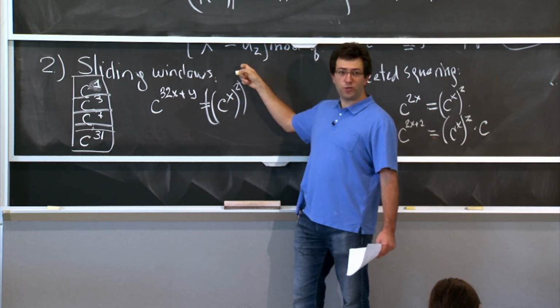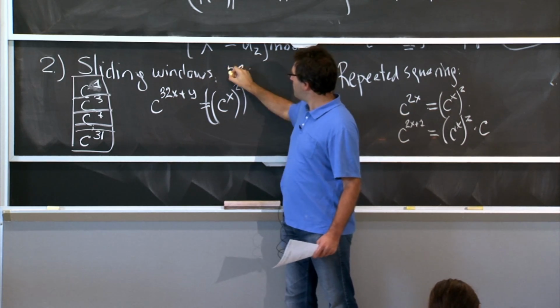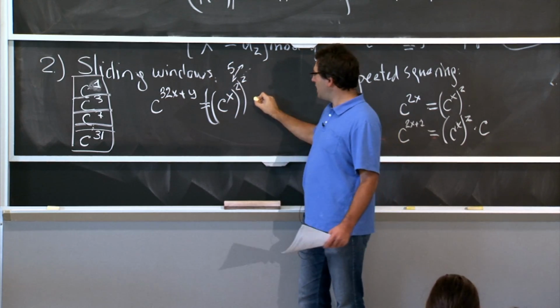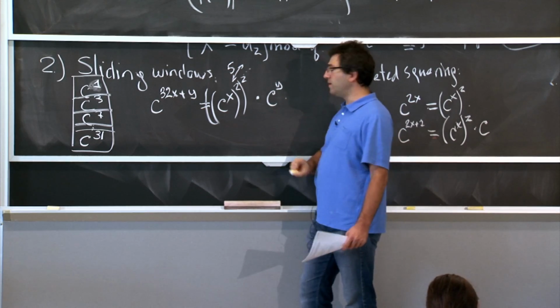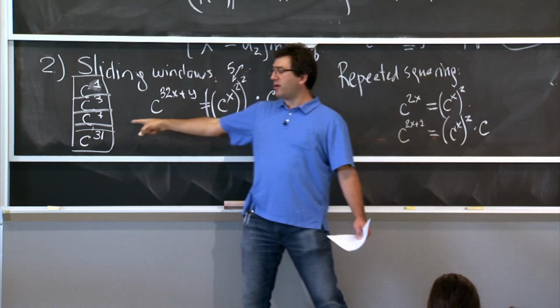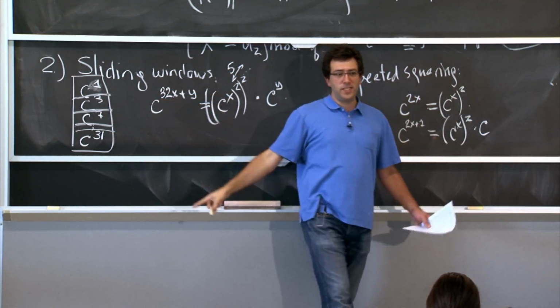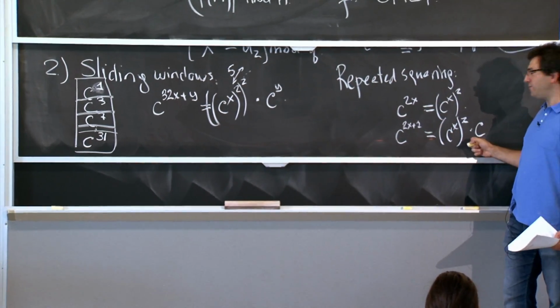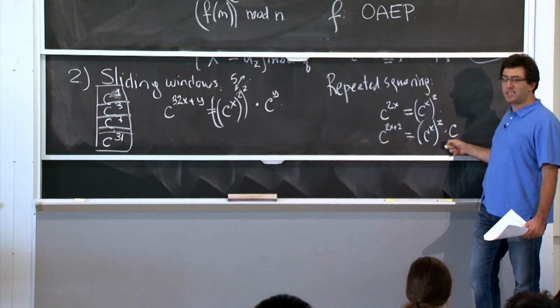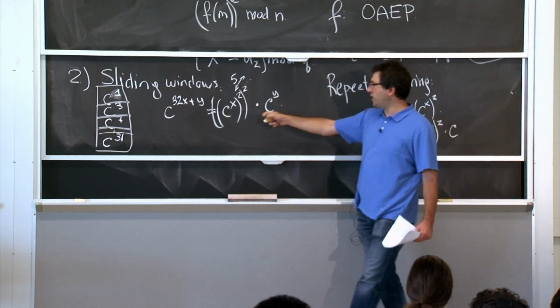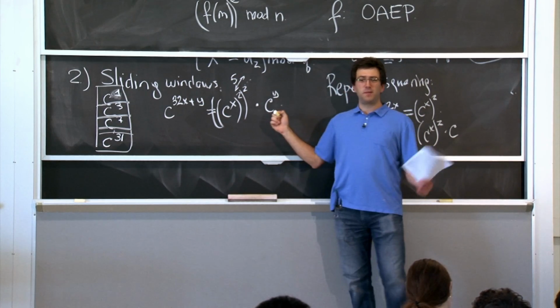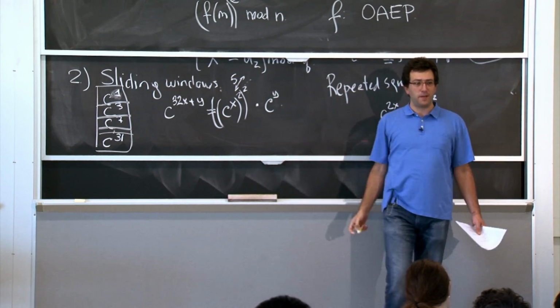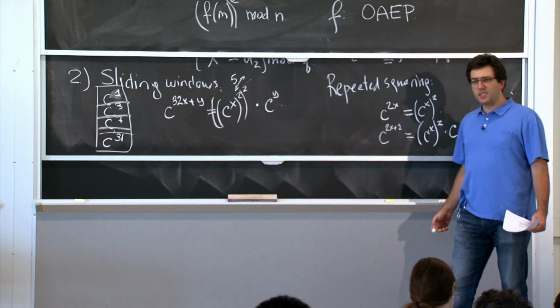This is to get to 32, there's 5 powers of 2 here, times C to the y. And C to the y you can get out of this table. So you're doing the same number of squarings as before, but we don't have to multiply by C as many times. You fish it out of this table and do several multiplies by C for the cost of a single multiply. Does this make sense?